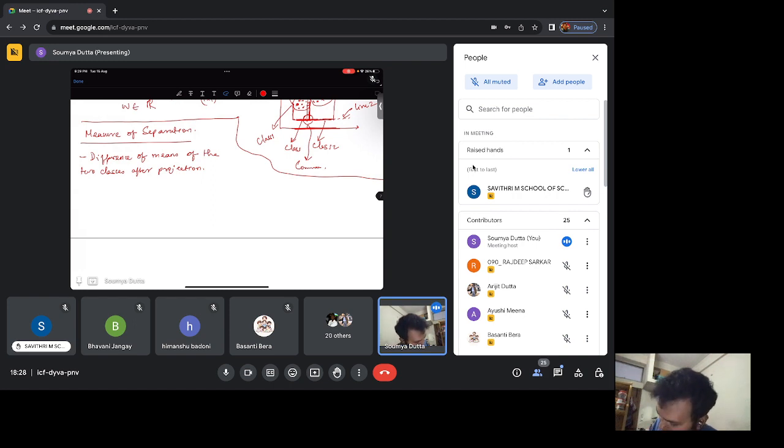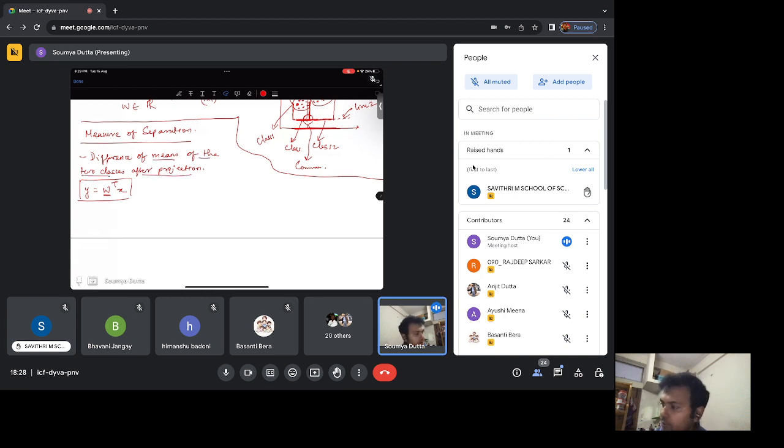So again, I will write this equation once again: y equal to w transpose x. This is the projection that you are doing, and w is the vector, in this case, which you want to learn.